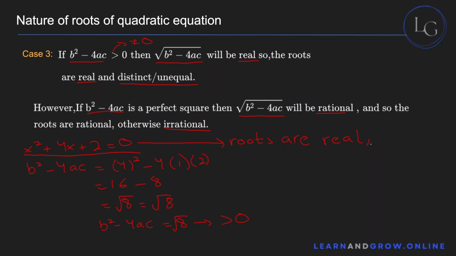They are real, they are unequal or distinct, and lastly, they are irrational, as basically 8 is not a perfect square. So that's how you do it.